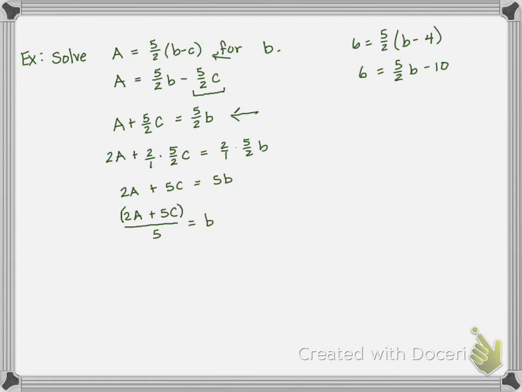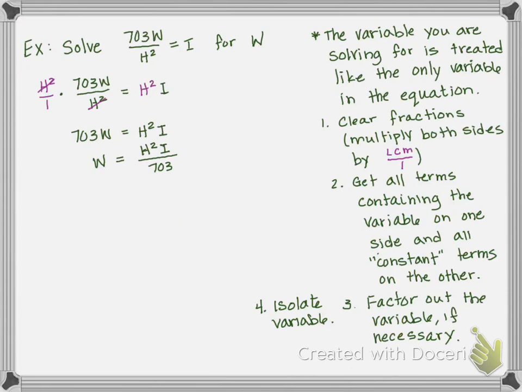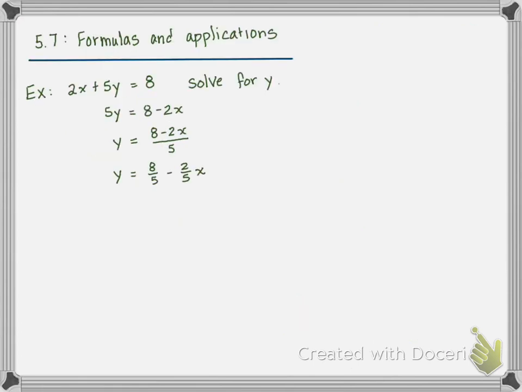Yeah. So if we look at it in this way, if we go like this, we end up with 2a plus c equals b, which also isn't what we think it should be, right? So we can't cancel that 5 because it's part of a term and not a factor of its own. However, remember when we had linear equations and we solved for y, how we split it into 2 terms?